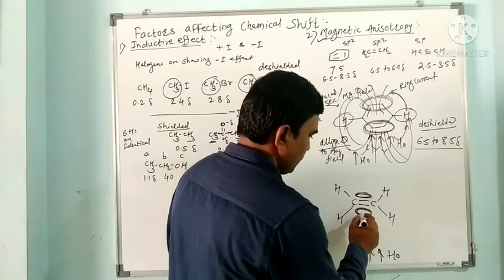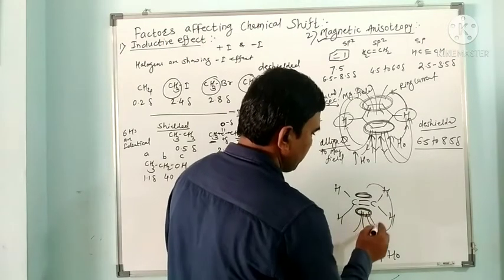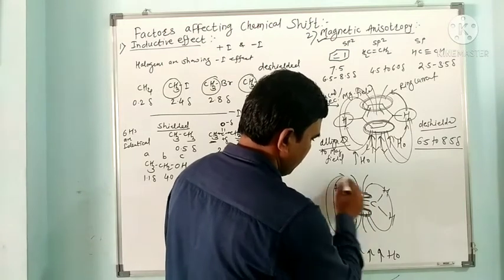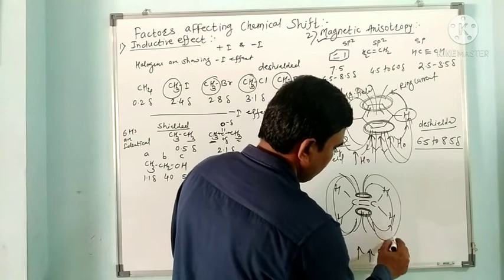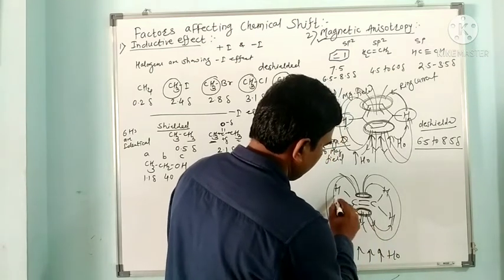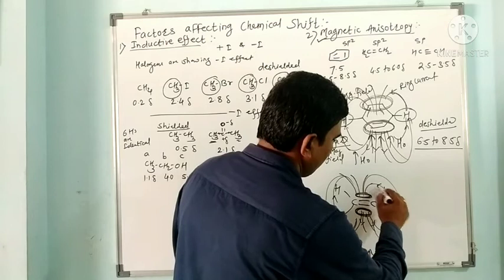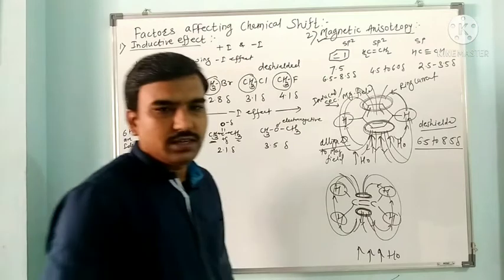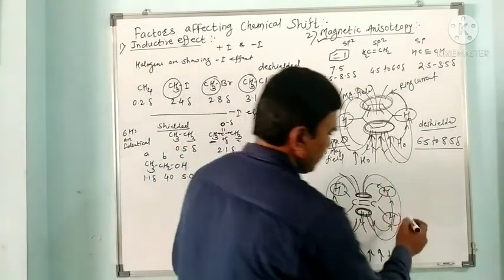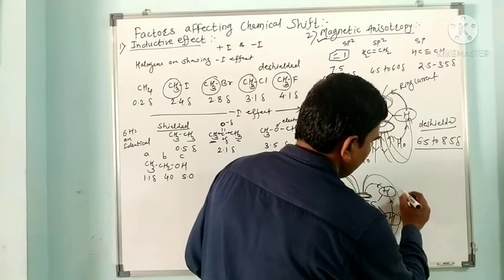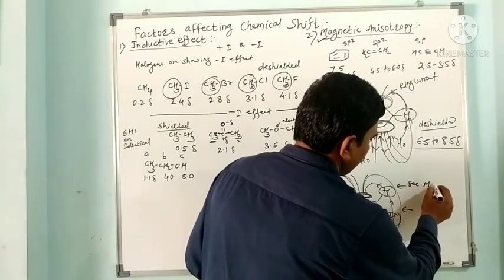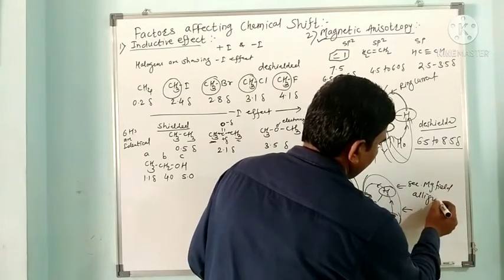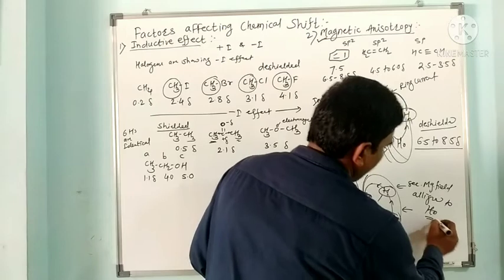Now again, it creates a secondary magnetic field. So here this secondary magnetic field is again aligned, where the protons, the nuclei, are situated, to the applied magnetic field.